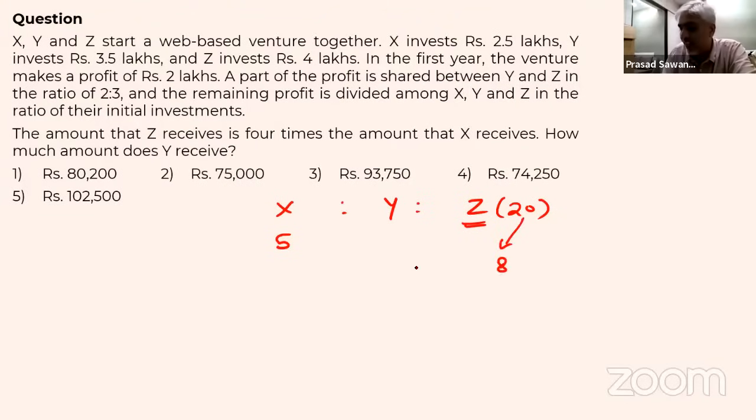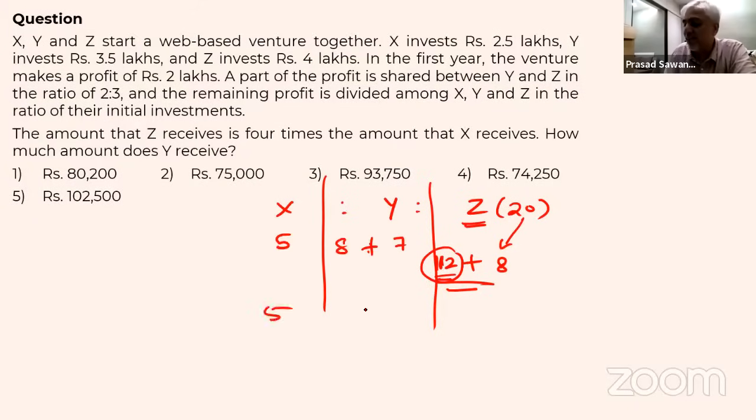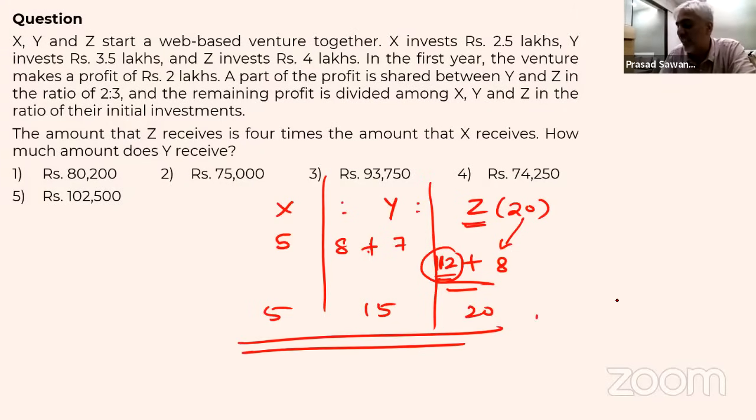When X got 5, he should have got 8, which means the first part gave him 12. In this part, Y should have got only 7. But when Z got 12, he will get 8. So when X gets 5, finally Y gets 15 and he gets 20. And this is a much, much easier approach to do. Okay, explained it 2 times. I hope you get it.